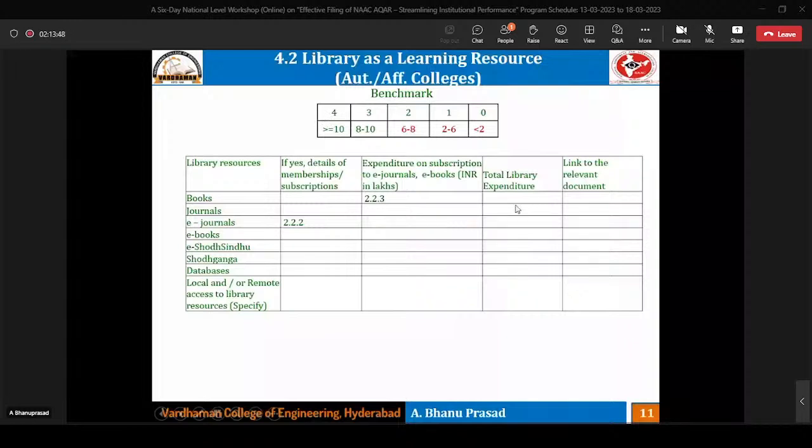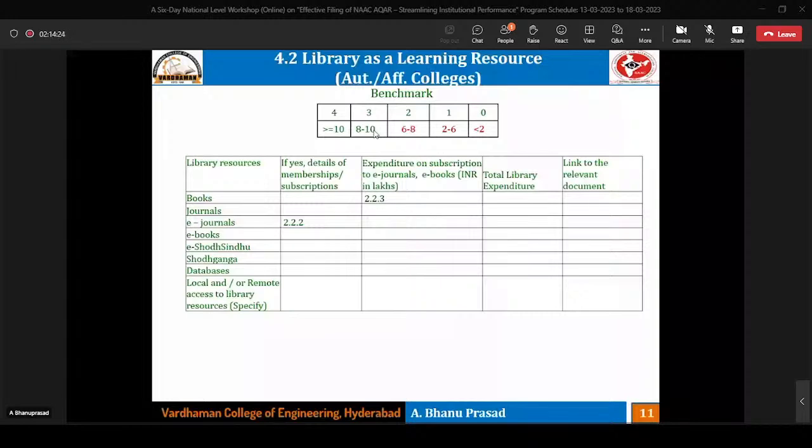So this could be for every year, and the total, this is not for one year, it is for the entire period. The total could be 10 lakhs or more. It is not about the infrastructure, it is about the facilities. So whenever we upload, see that it accumulates to 10 lakhs or 8, depending on your requirement.